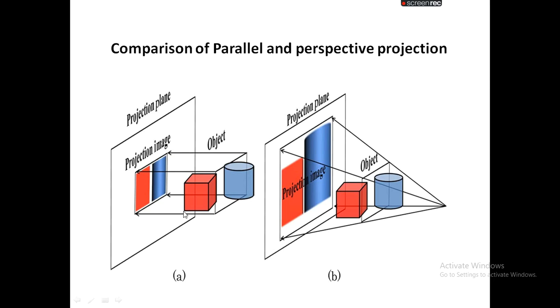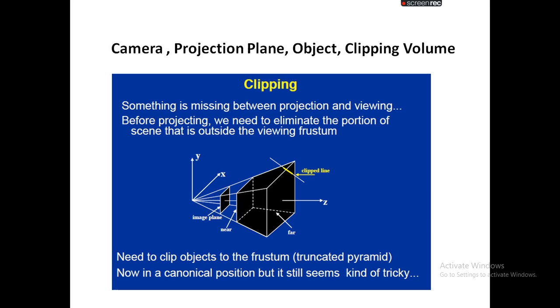These projection lines are parallel to each other. Hence I can say this is a parallel projection example. But this is a perspective projection example. Here the projection lines, I can say, are parallel, but here they are not parallel. They converge at a certain point. This is one more example.